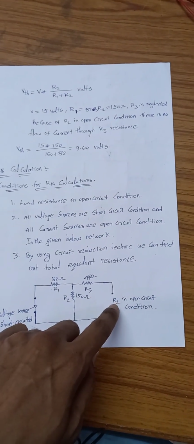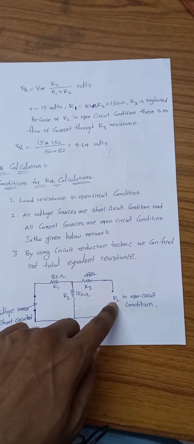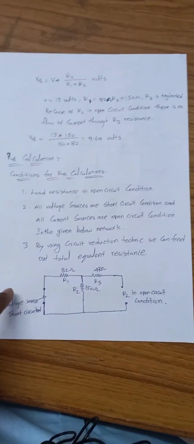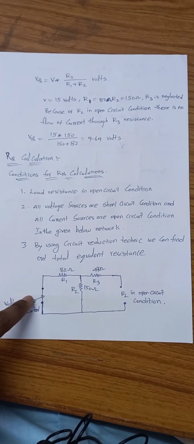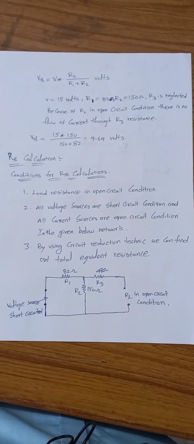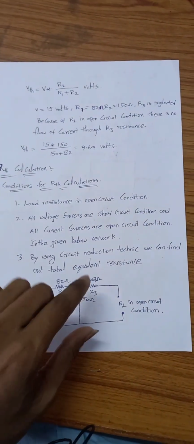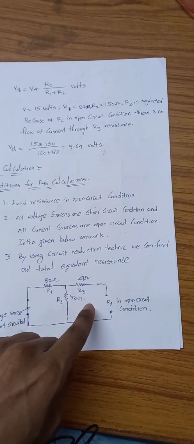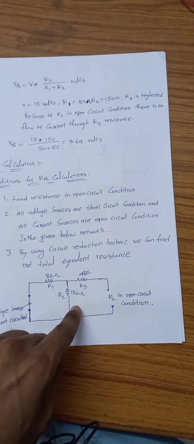Okay, according to the first condition I have open circuited the load resistance, and according to the second condition the voltage source is in short circuit condition. There are no current sources here, you remember. So by using the circuit reduction technique I am going to calculate the equivalent resistance here.